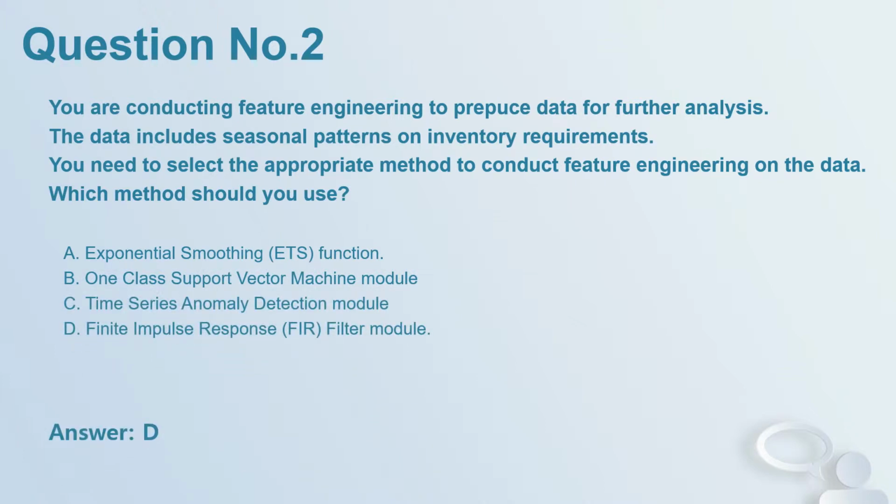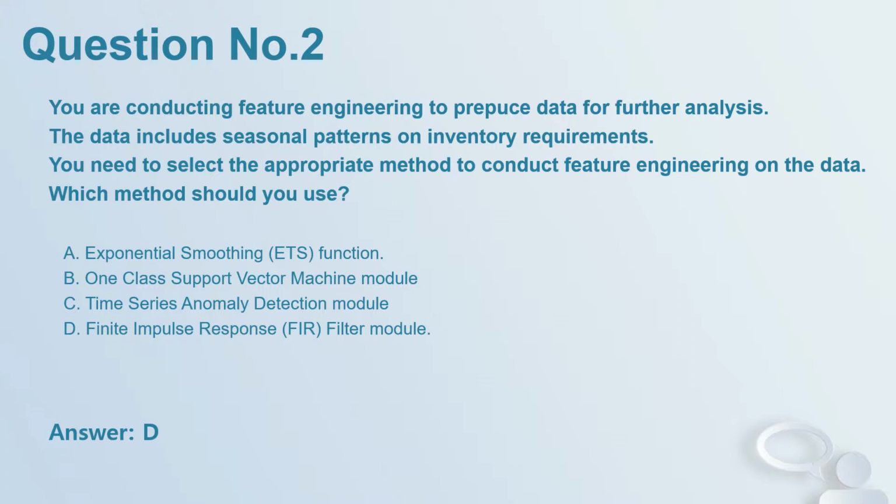Question number 2. You are conducting feature engineering to prepare data for further analysis. The data includes seasonal patterns on inventory requirements. You need to select the appropriate method to conduct feature engineering on the data. Which method should you use?